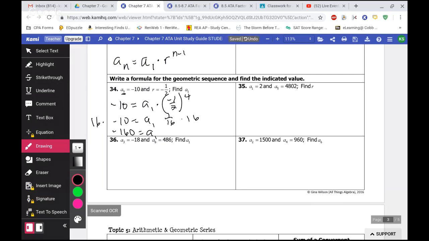Did that make sense? Mm-hmm. Okay. So the beautiful thing is, this is why I like geometric so much better. It's so much easier. All you do to write that formula is you just plug in negative 160 times 1/2 raised to the n minus 1.